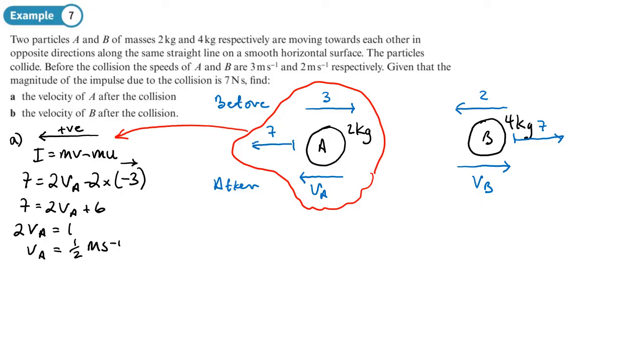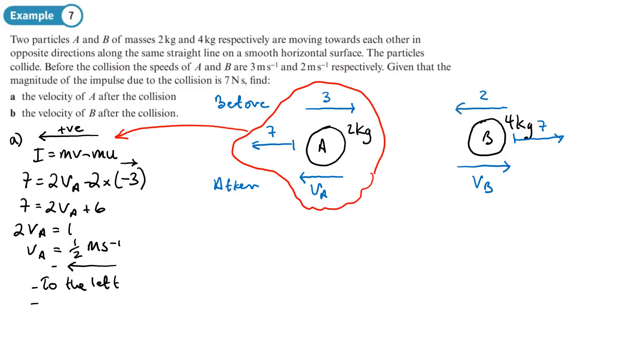So we know that it's going to be going in that direction. So I suppose you could put that in your answer. You could say instead that it's going to the left. So both of these tell you about the direction. Or you could say that the direction of A is reversed by the collision.